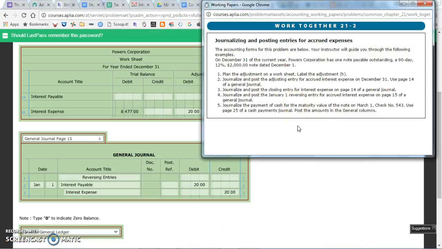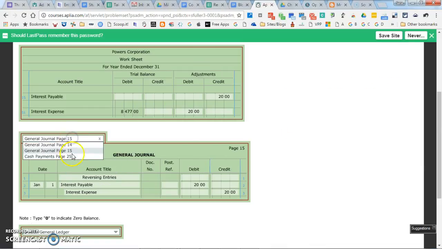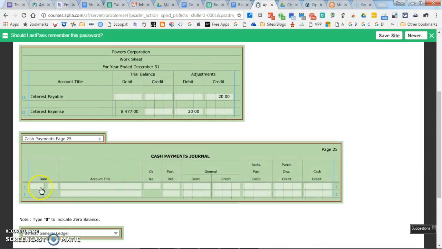And then we're going to journalize the payment of the cash for the maturity value of the note on March 1st. So cash payments. Our date is March 1st. The account title is notes payable. Check number 543.